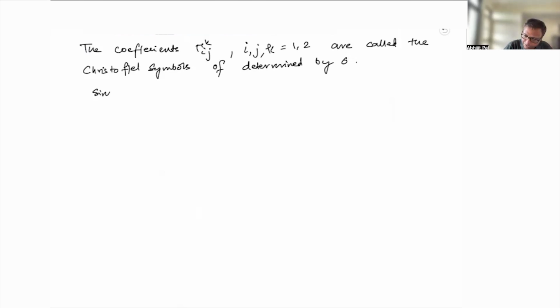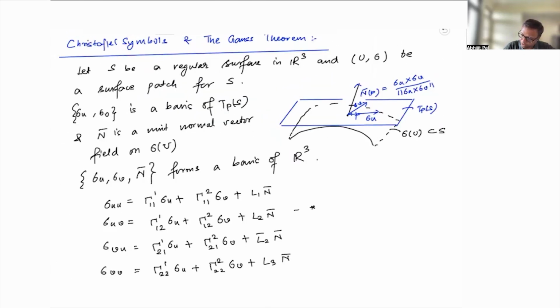Now since sigma uv is equal to sigma vu, this will imply that the coefficients are the same.